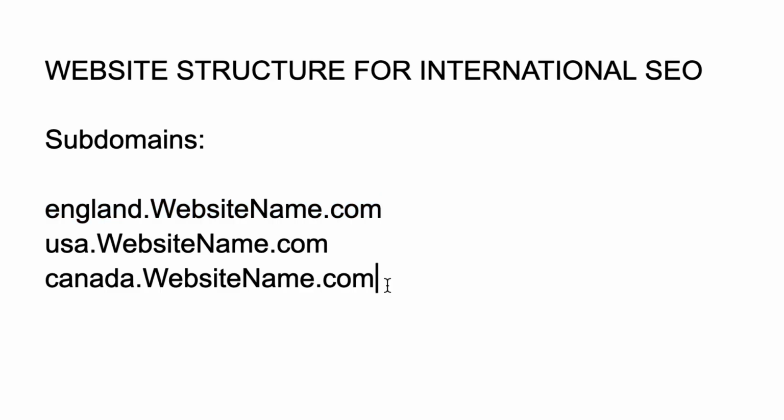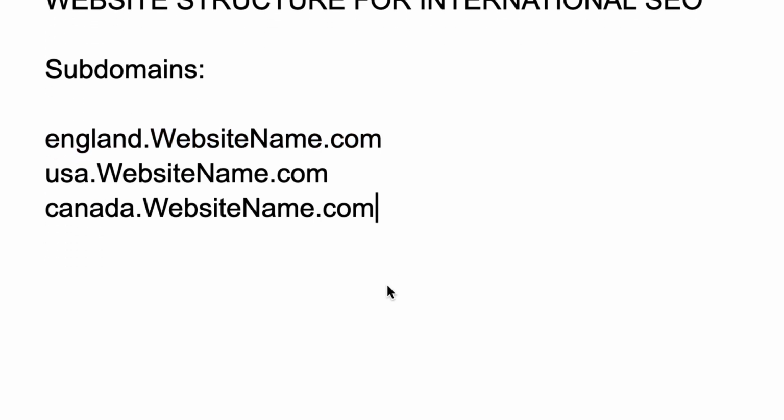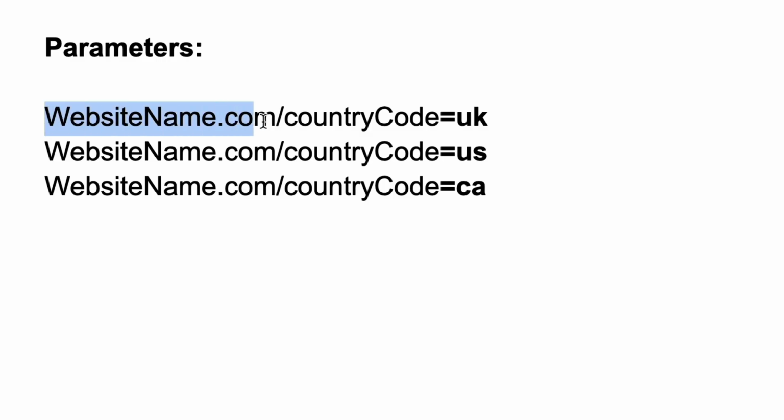The next option that's reasonable is using country codes as parameters. It looks like this. You have the website name, it's all under one domain, and then programmatically your website pulls up the content for that specific country, which requires extra database calls and extra programming complexities, which presents its own difficulties.